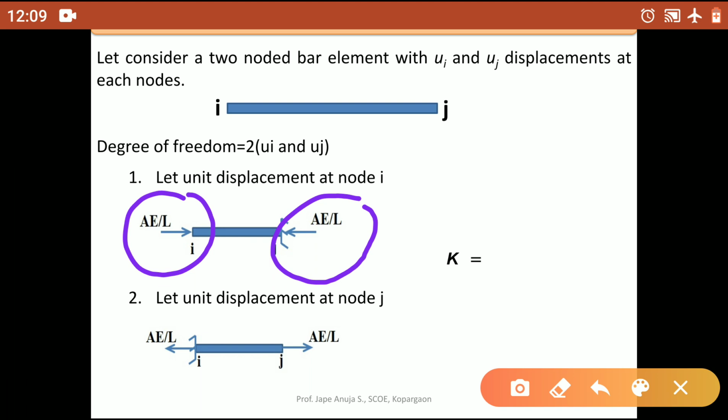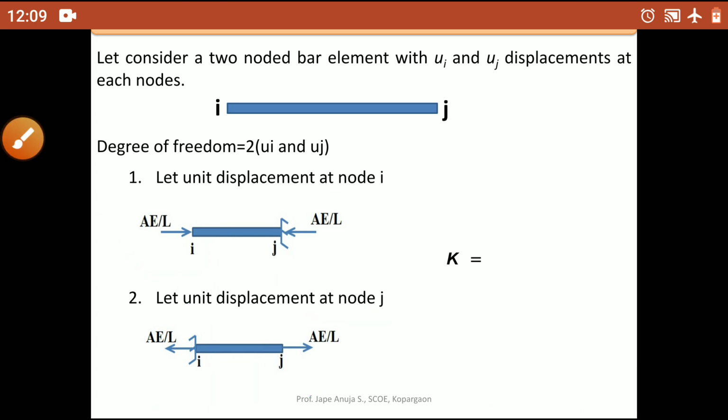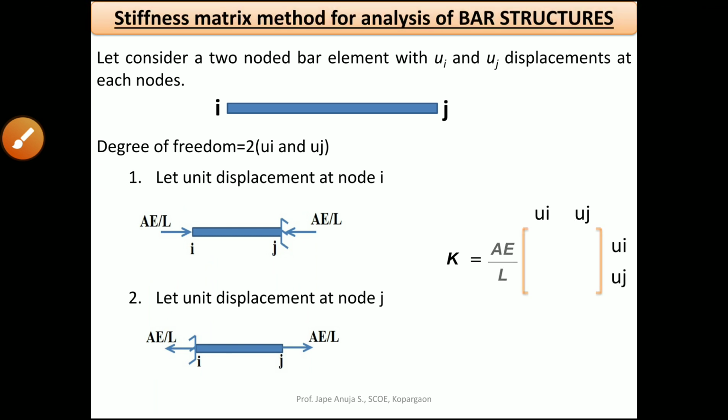The second row will consist of these stiffnesses. At node I due to unit displacement at node J is minus AE upon L, and the last element will be the stiffness at J node due to unit displacement at J node, that is positive AE upon L. These 4 quantities are written as they are in this matrix.